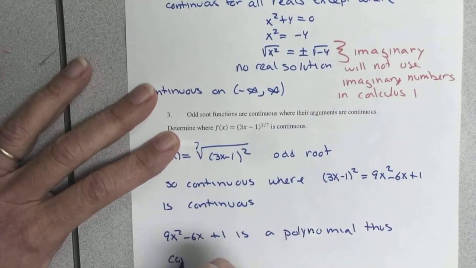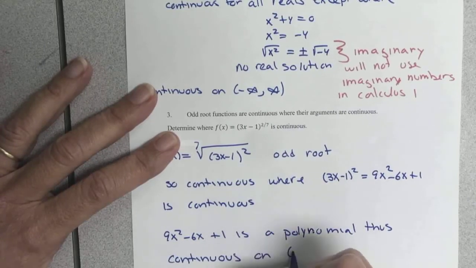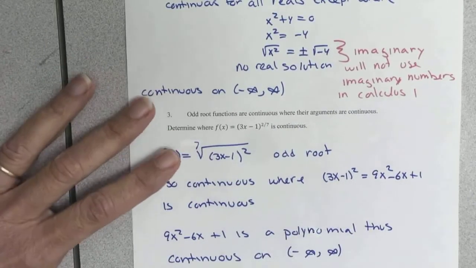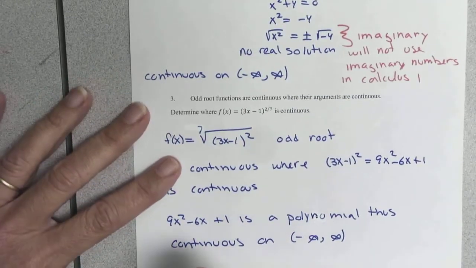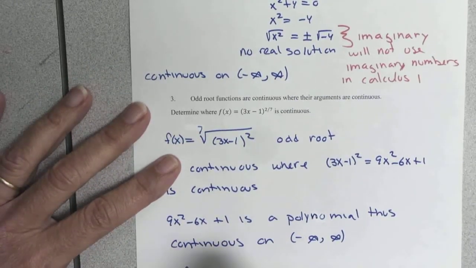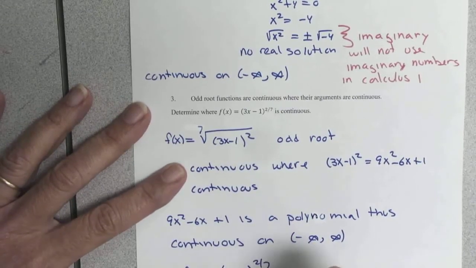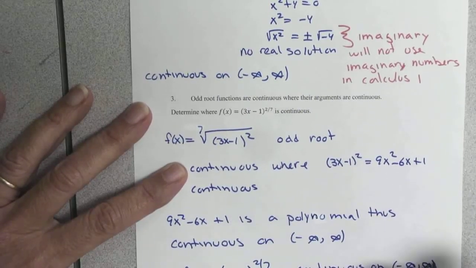Thus continuous on all reals, or negative infinity to infinity. And so since the argument was continuous for negative infinity to infinity, we can conclude that f of x equals 3x minus 1 to the 2/7 is continuous on negative infinity to infinity.